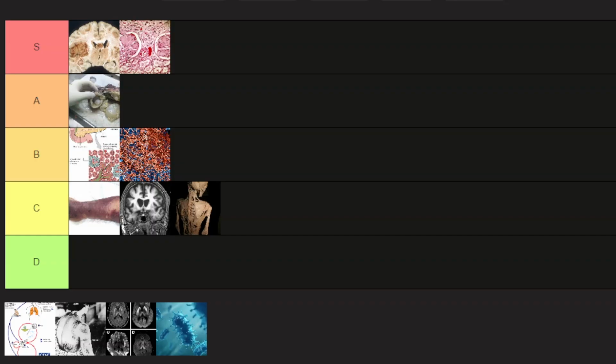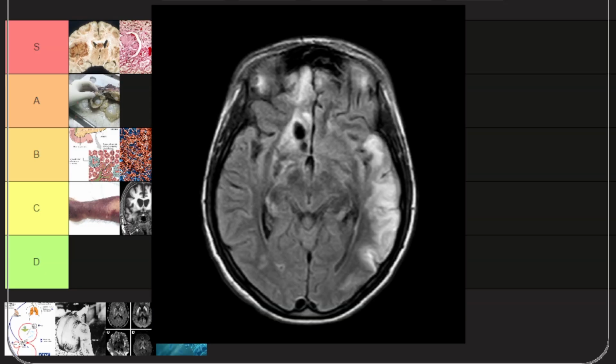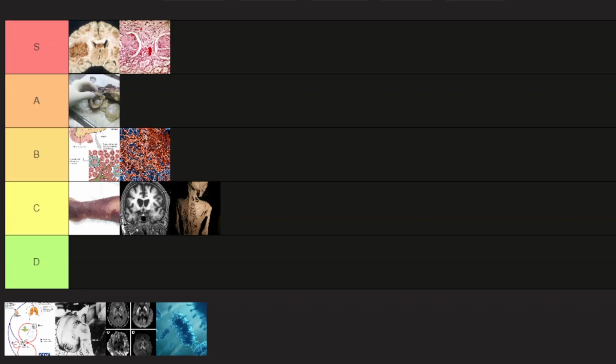What is interesting is that the body kind of causes its own death before the pathogen can cause death itself, because the inflammatory response itself can lead to death in most cases rather than, let's say, your brain no longer being able to perform certain functions because it is so affected by this pathogen.